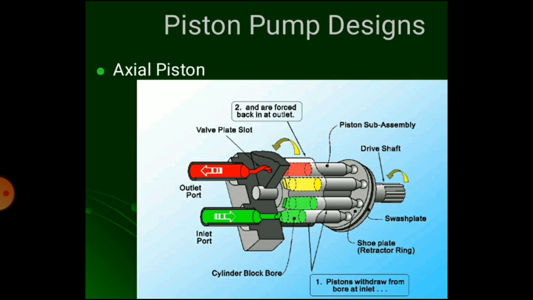So construction is, it consists of a rotating cylinder barrel which consists of pistons arranged on it axially. The piston ends are connected to an inclined swash plate. So you can see the swash plate that is inclined.